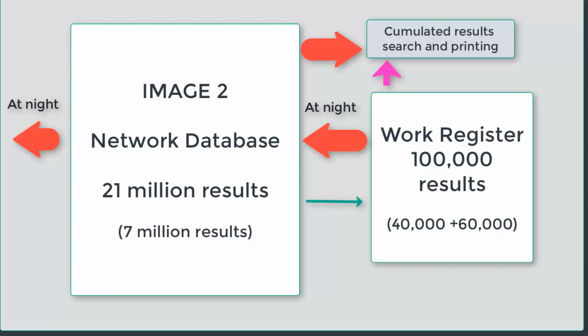I should mention that deleting of data in Image 2 and updating from the work registers was done at night with an open running system. This was a bit about how the file system and Image 2 were used on the HP 1000 A and RTE A.